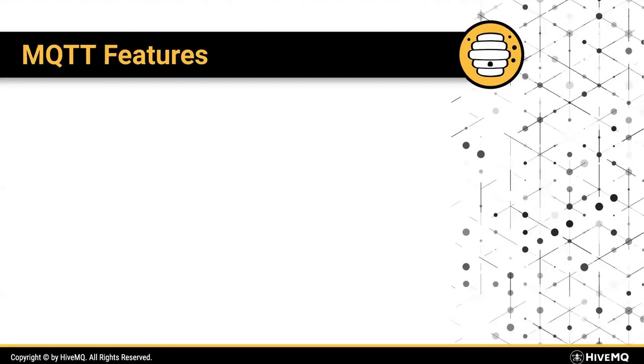Okay, a quick overview of the MQTT features. The MQTT 3 and MQTT 5 specification have most features in common. So you get all the quality of service levels, you get retained messages, you get the last will and testament, you get sessions, you get queued messages, all that kind of stuff.